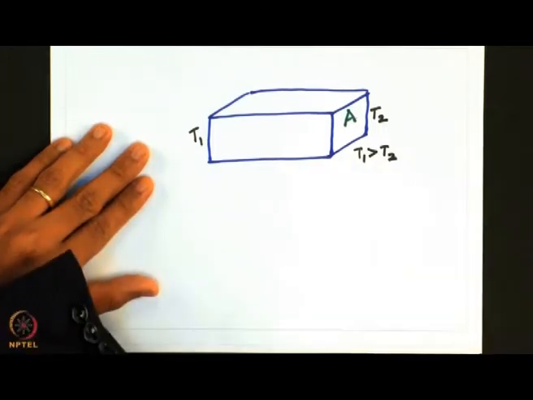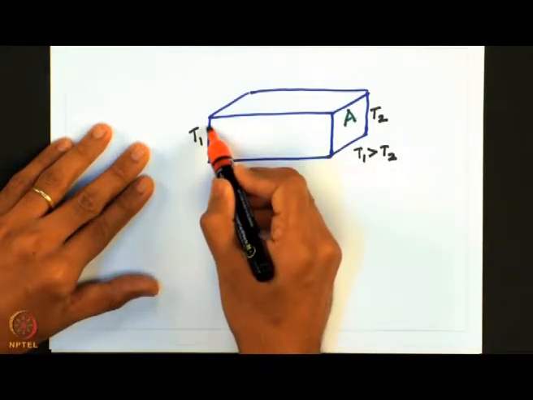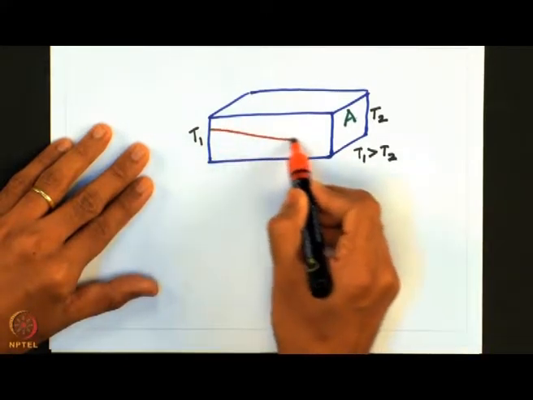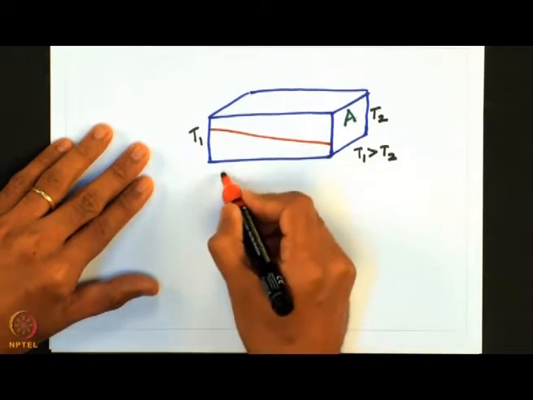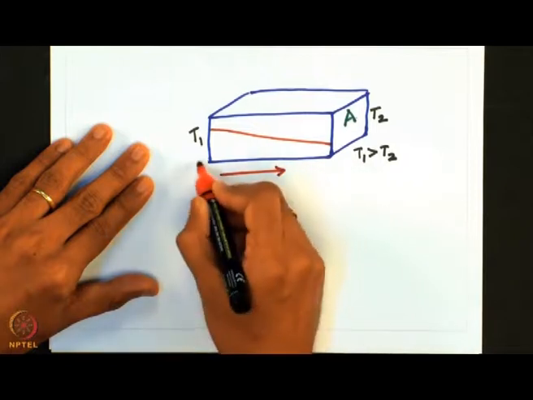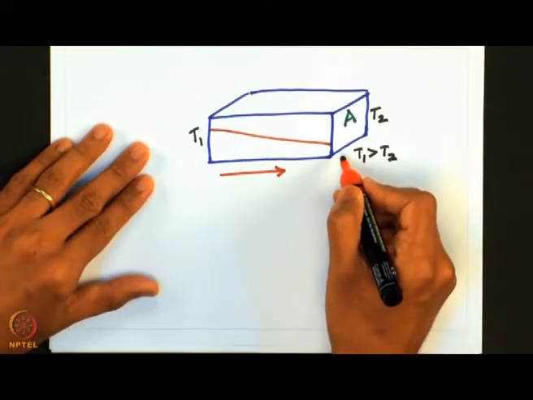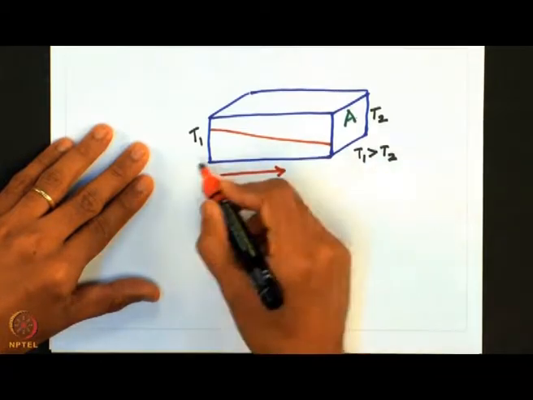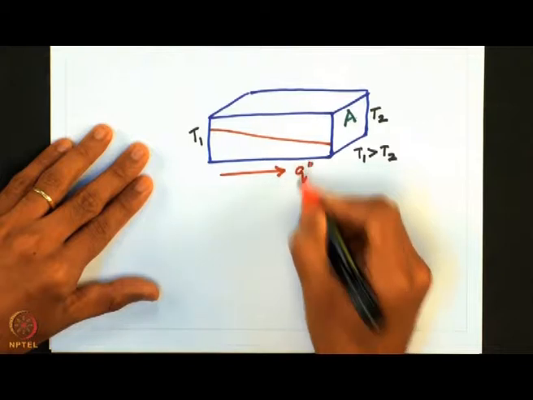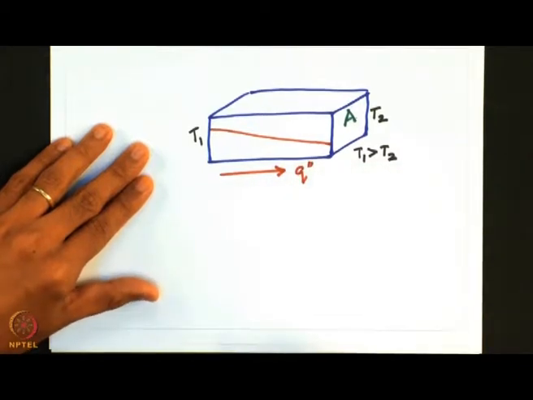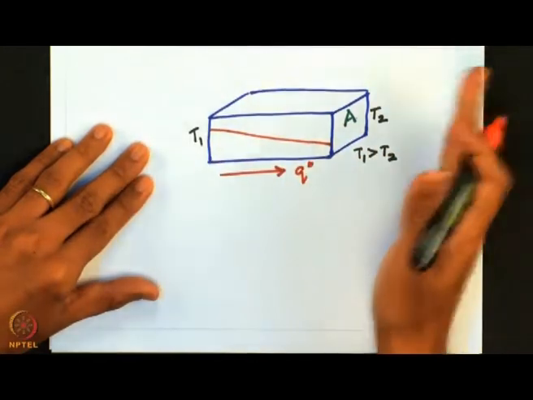So, what will be the temperature profile inside the slab? There will be a certain profile inside the slab, and the heat is transferred from the end whose temperature is T1 to the end whose temperature is T2, which is lower than T1. This is the direction in which the flux of energy is transported from one end to the other.